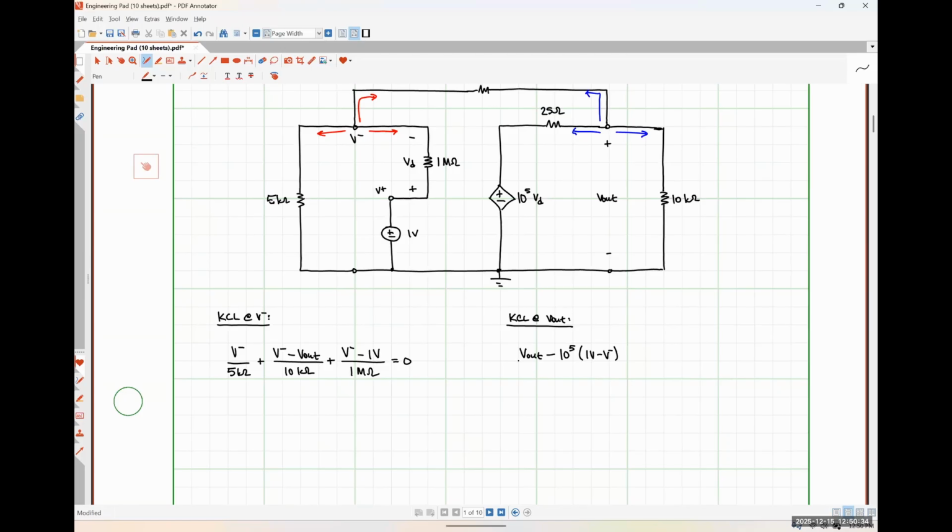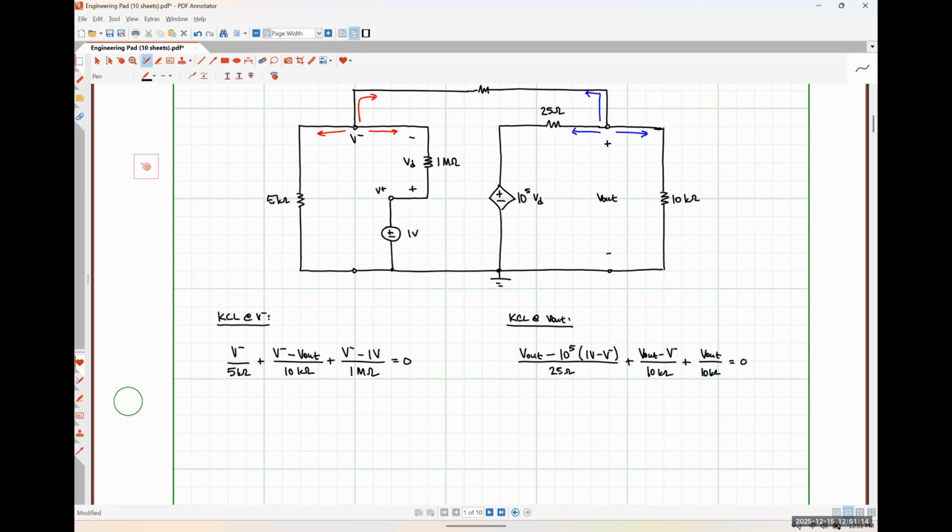All of this will be over 25 ohms. My current flowing up and to the left through my feedback path is going to be V out minus V minus over 10 kilo ohms. And my current flowing through my load resistor is just going to be V out over my load resistance of 10 kilo ohms. And this will be set equal to 0 as well.